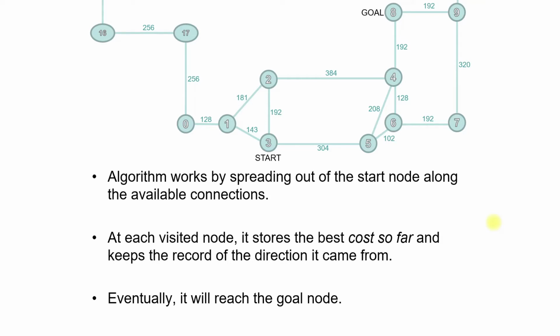Eventually, the algorithm will reach the goal node. At this stage, the best cost so far will be known, and the complete path may be reconstructed from the recorded directions, working backwards from the final node to the start.